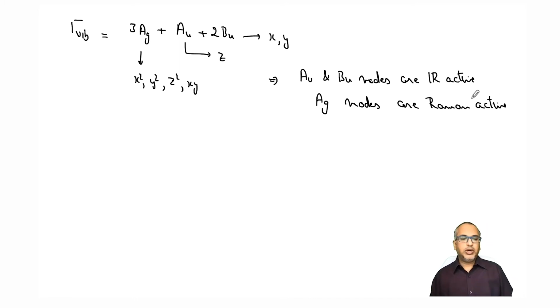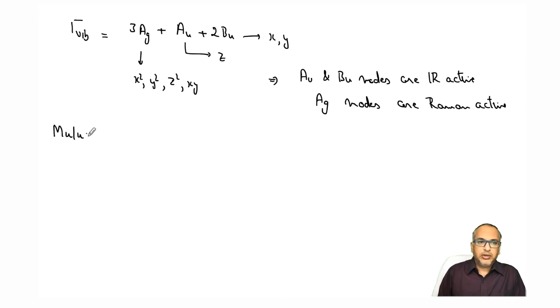So now there is a mutual exclusion between IR and Raman. So whatever modes are IR active are not Raman active, and whatever modes are Raman active are not IR active. So this is very important in IR and Raman spectroscopy. So what is this mutual exclusion rule? This is the last principle, and then we'll wind up this course.